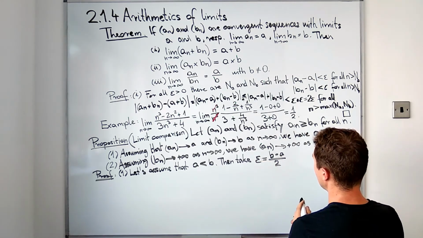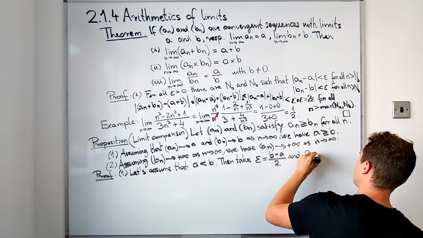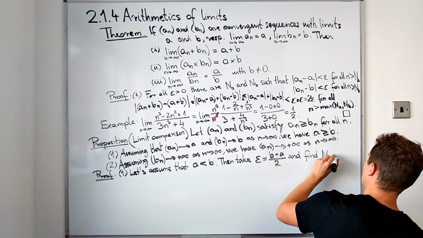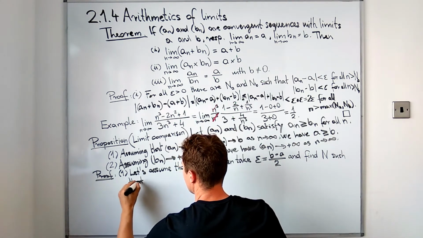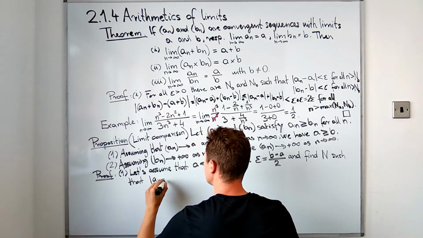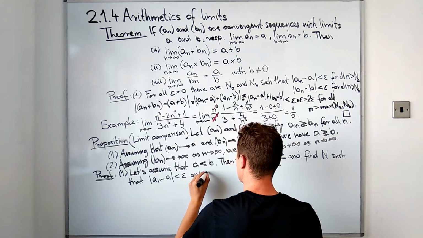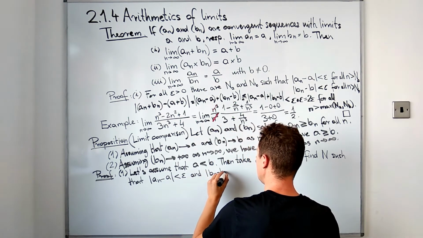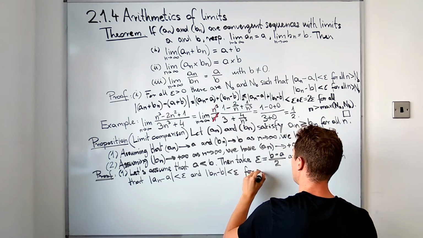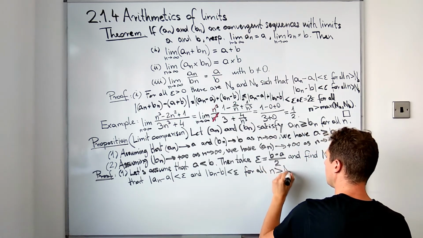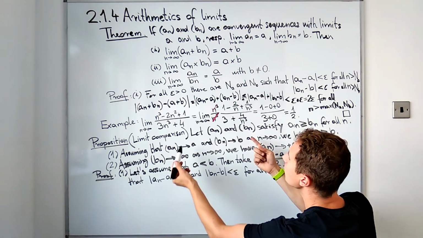So we take half that positive number and find N such that an is closer to A than epsilon and bn is closer to B than epsilon, for this epsilon, for all little n that come after capital N. This certainly can be done because these are assumed to be convergent sequences.